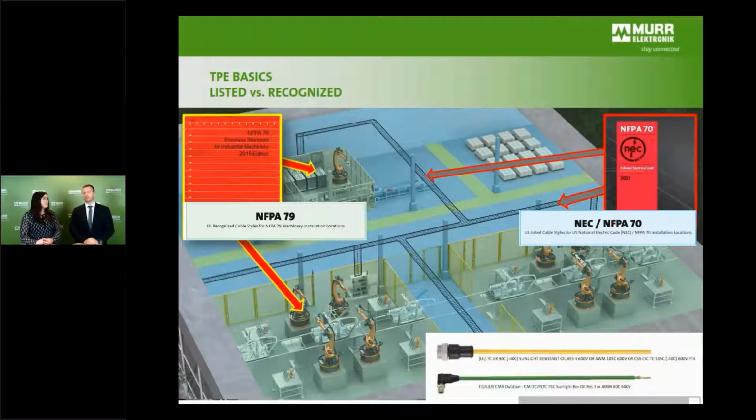This is the area where the NFPA 70 or the NEC defines the standards. For the NFPA 70, they say only listed cables are allowed in this area. Okay. The NFPA 79 for the machine area says listed cables are allowed, but also recognized cables are allowed. Okay, excellent.